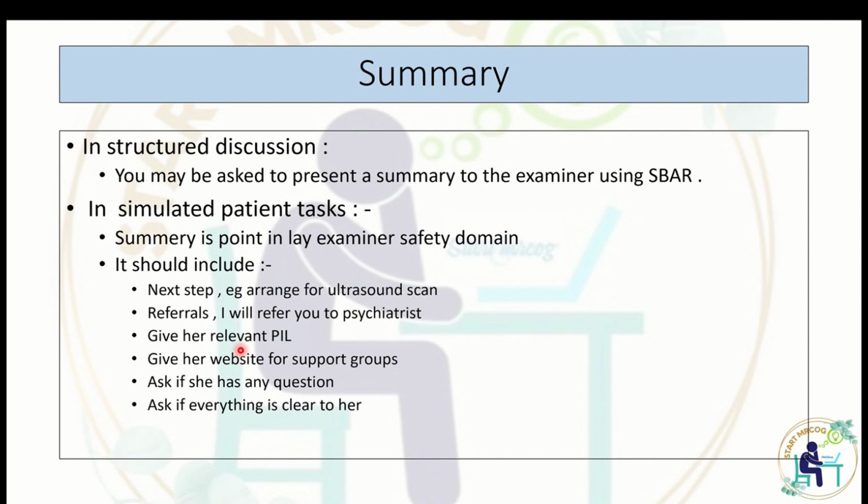In some stations, you have to name them, particularly if it belongs to RCOG patient information leaflets. So you will tell her, I will give you the RCOG patient information leaflet about ectopic or recurrent miscarriage. You have to give a website for support groups if it is applicable, and sometimes you need to name the support group. Ask if she has any questions at the end and if everything is clear to her.